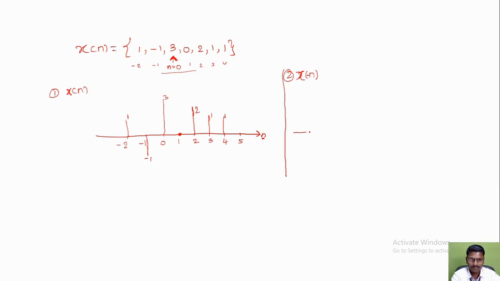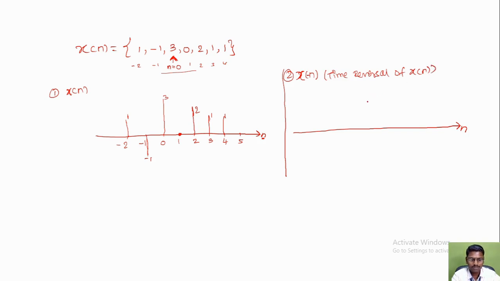Let me draw a line with n samples. -n means it is a time reversal of x of n.